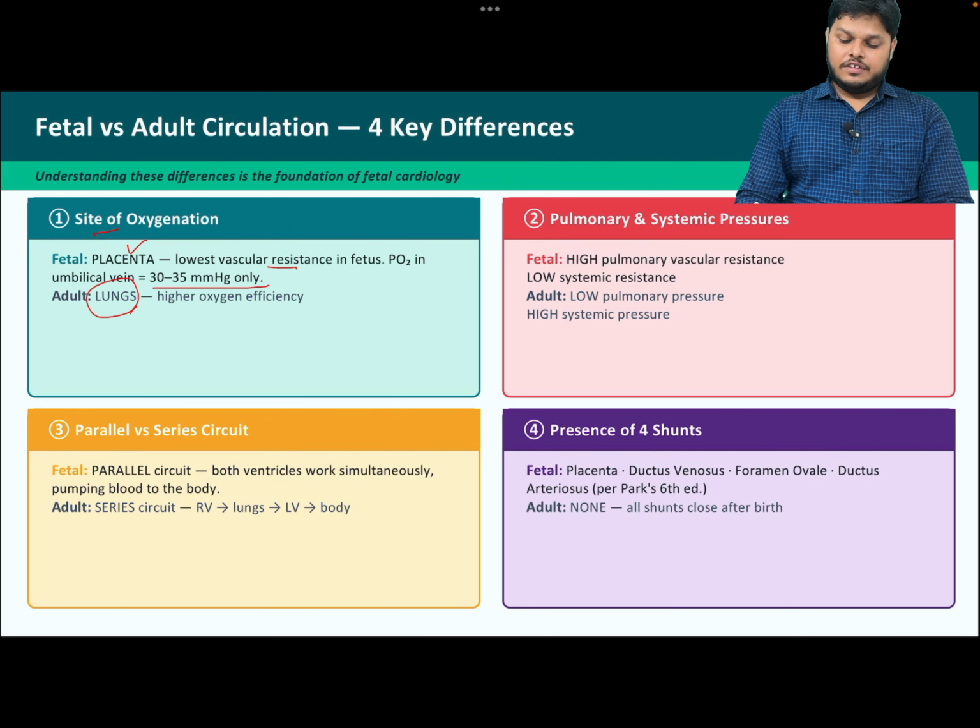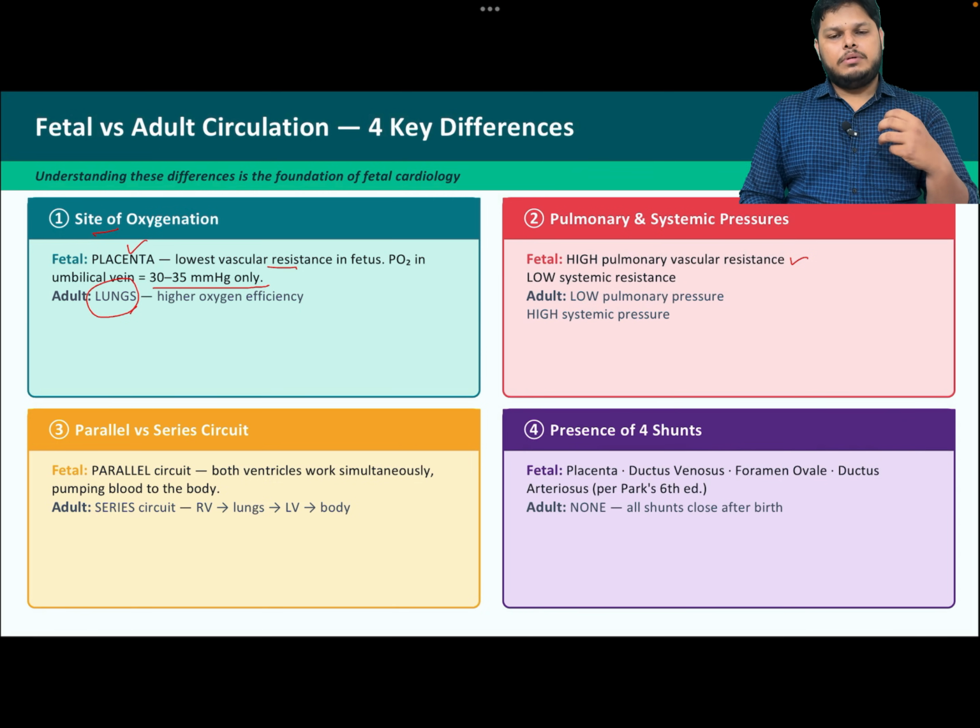Second, pulmonary and systemic pressure. In the fetus, there is high pulmonary vascular resistance, because the lung is compressed and the lung vessels are vasoconstricted. Similarly, there is low systemic resistance, but the case is opposite in adults.